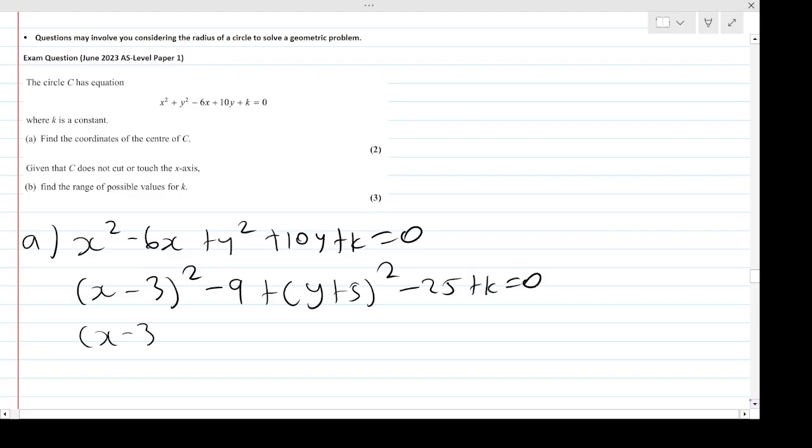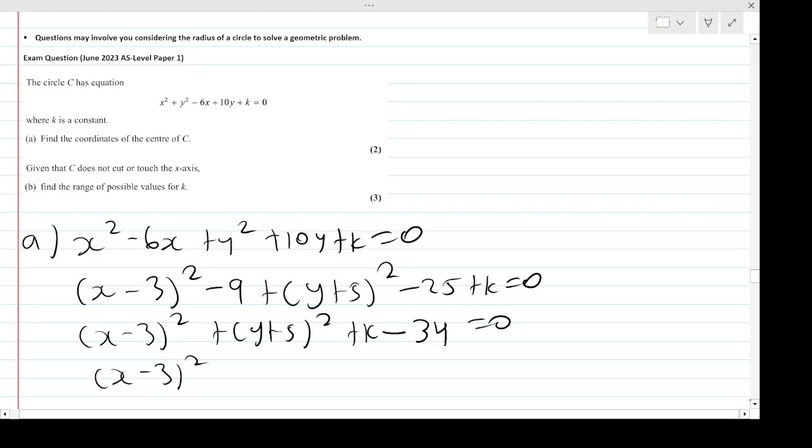Then we have (x minus 3) all squared plus (y plus 5) all squared, plus k minus 9 minus 25, which is minus 34, equal to 0. Therefore (x minus 3) all squared plus (y plus 5) all squared equals, moving the numbers to the other side, 34 minus k, because we flip the sign.